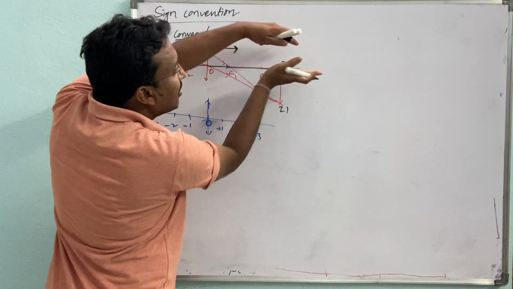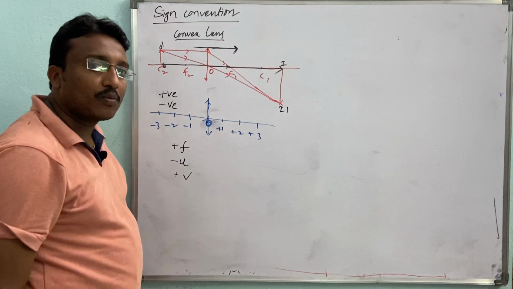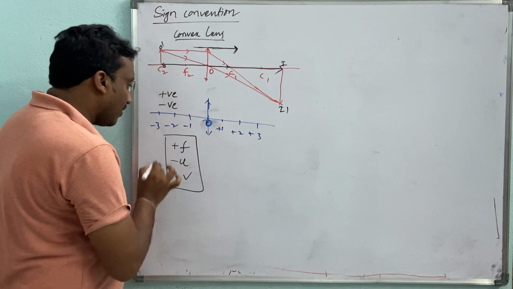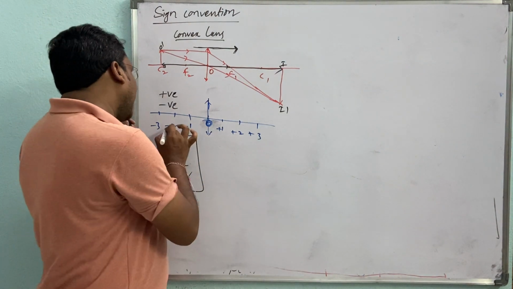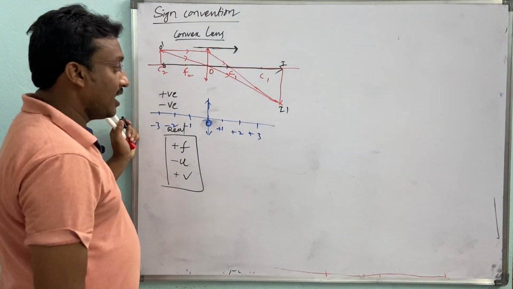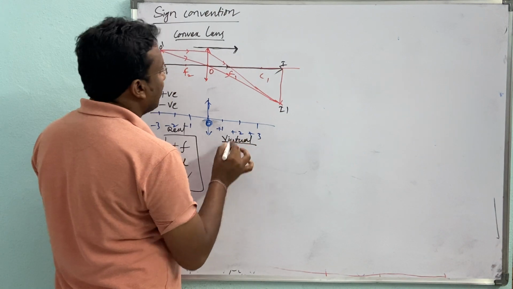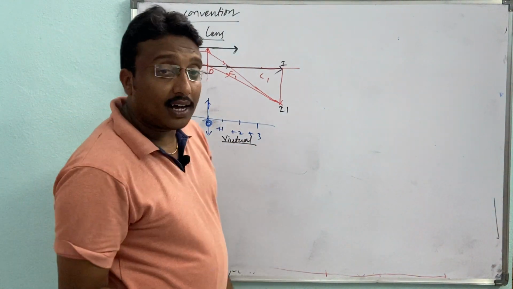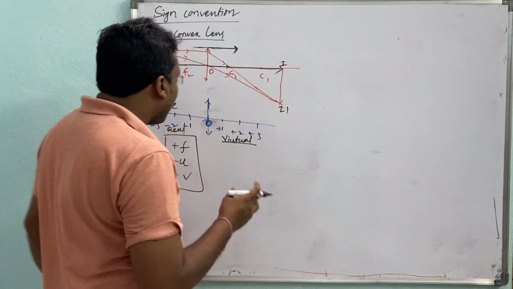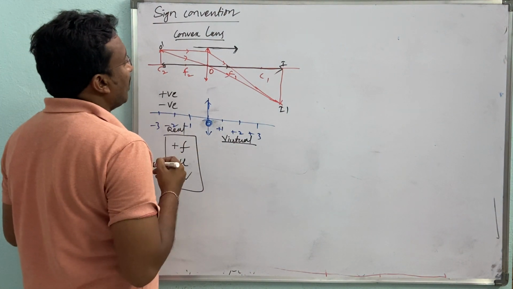That's why we have to take positive v with the convex lens when it forms a real image, in case of a real image only. In case of a virtual image, the convex lens gives both real and virtual types of images, no? We will discuss the image which is formed virtual, right?